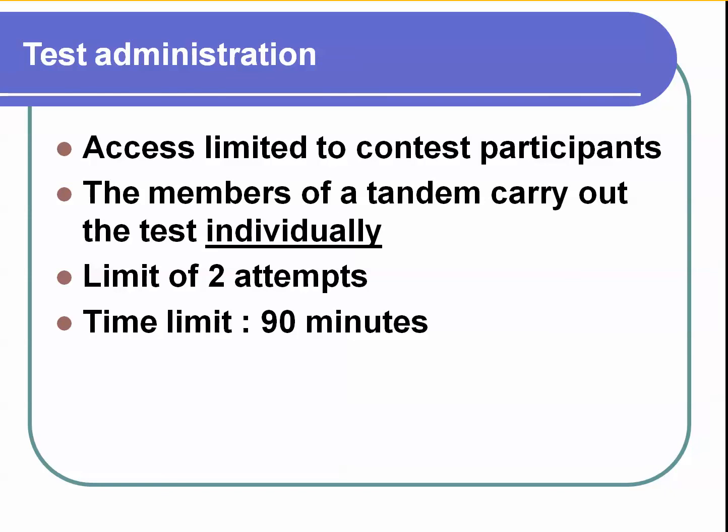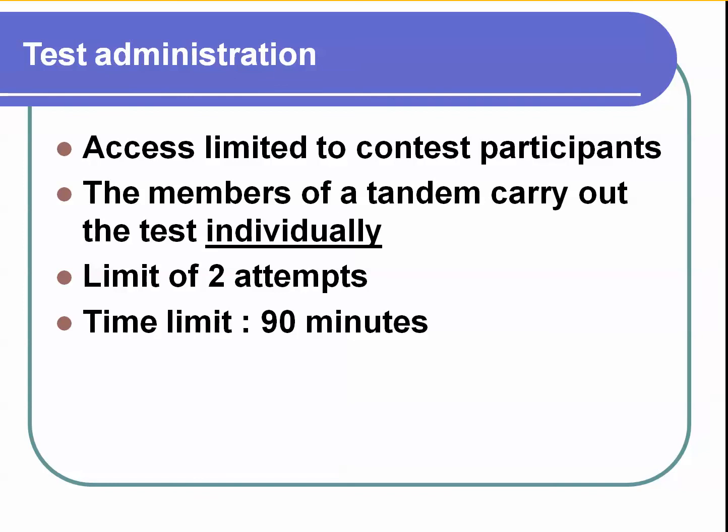If you are participating in the 2020 Bourstad Challenge in a tandem, you must carry out the test individually, because the test has to be carried out individually, even for tandem participants. There is a limit of 2 attempts per participant and a time limit of 90 minutes.